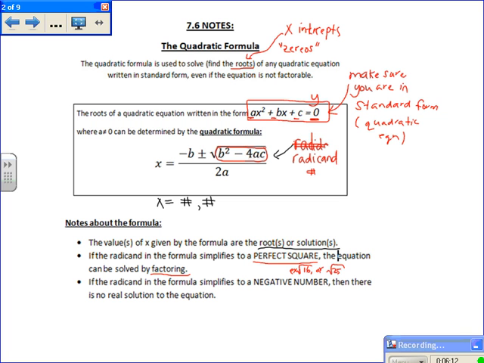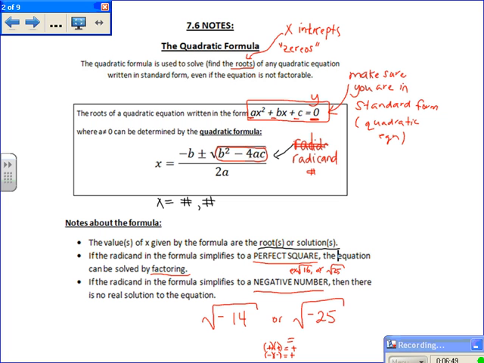If the radicand inside that square root symbol simplifies to a negative number, so for example negative 14, or any negative number, even negative 25, I know that the square root of 25 is 5, but there's no way I can solve for the square root of a negative number, because a positive times a positive will give me a positive, and a negative times a negative will give me a positive as well.